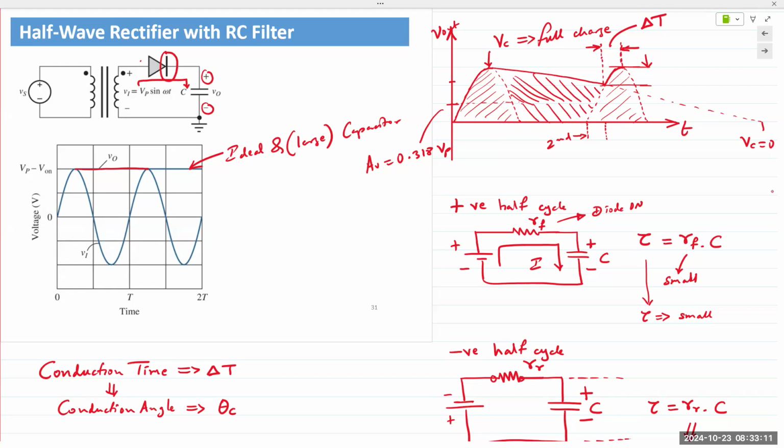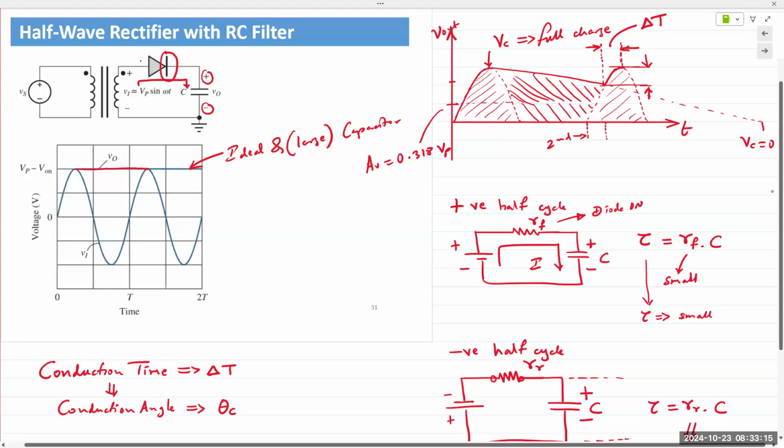Okay, so the next point is, what about this leftover AC? In real life, you can never have an absolutely smooth line just by a capacitor. Overall in a DC power supply, the capacitor is just one component, right? It's filtering out and smoothing out the pulsating DC into an almost flat line, but it's almost flat. It's not completely flat.